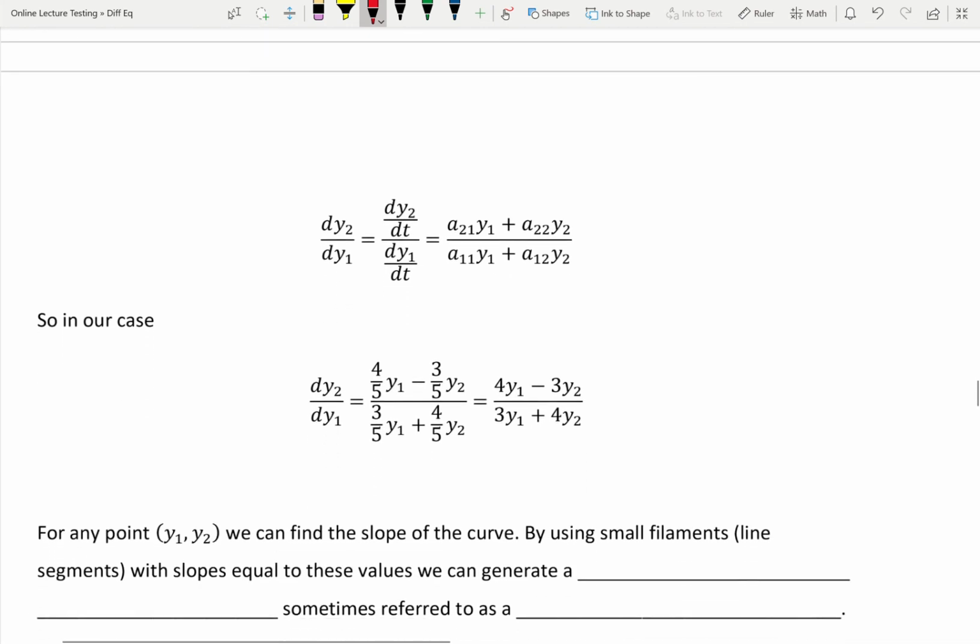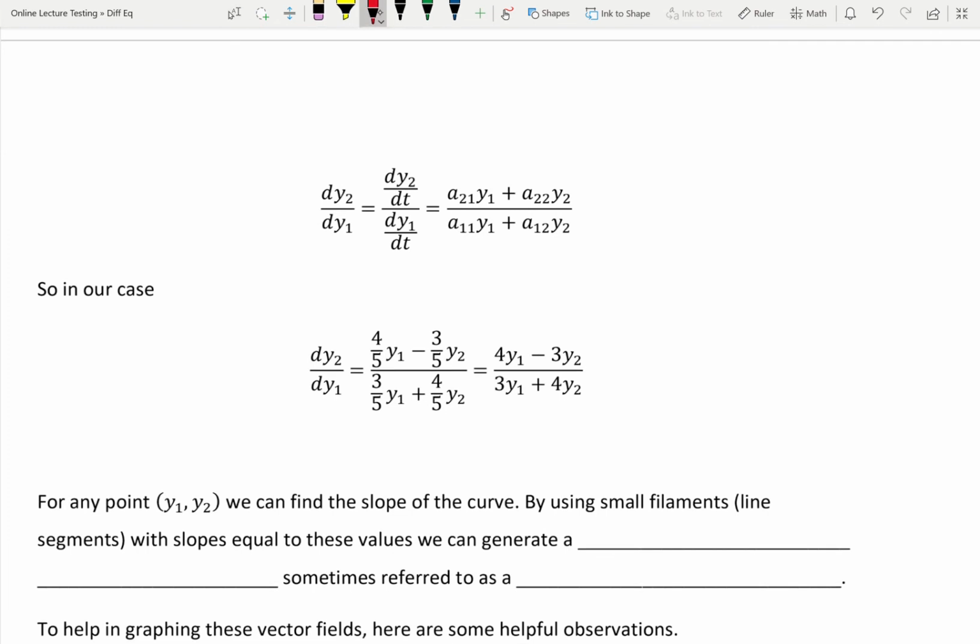In our case, y2 prime was 4/5 y1 minus 3/5 y2, and y1 prime is 3/5 y1 plus 4/5 y2. Multiplying all the way through by 5, canceling that out, we get 4y1 minus 3y2 divided by 3y1 plus 4y2.